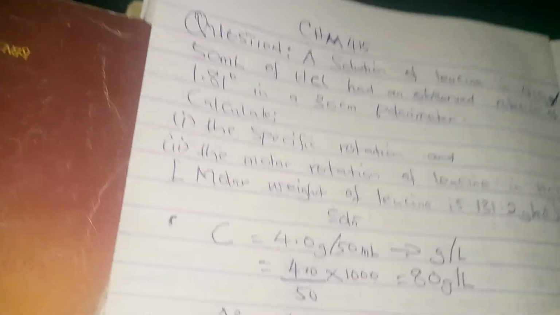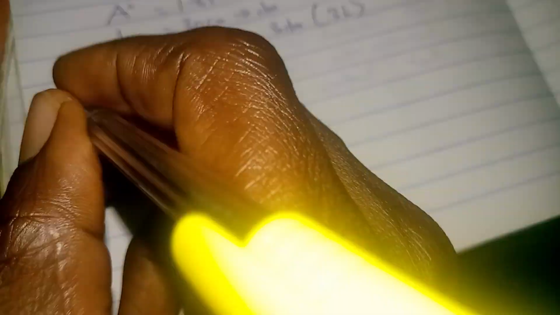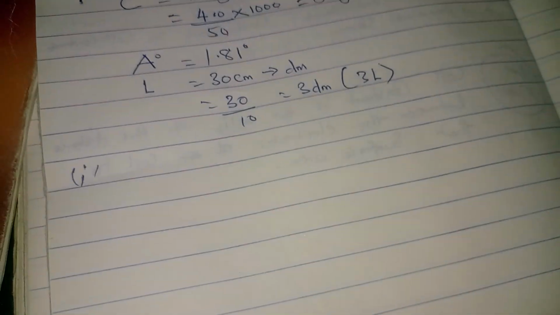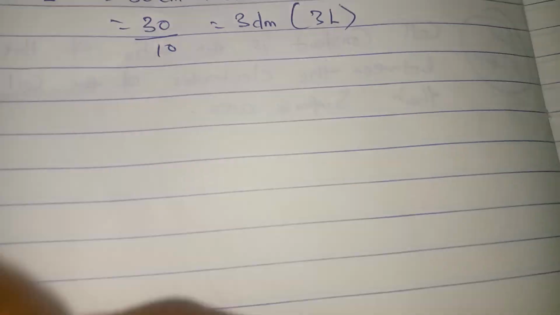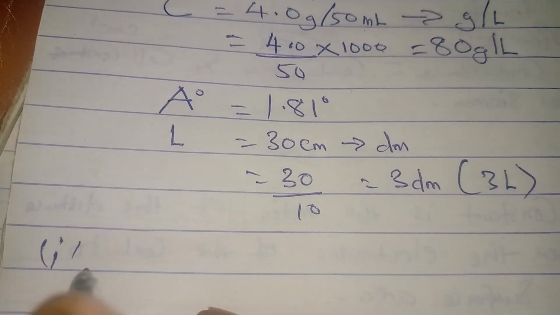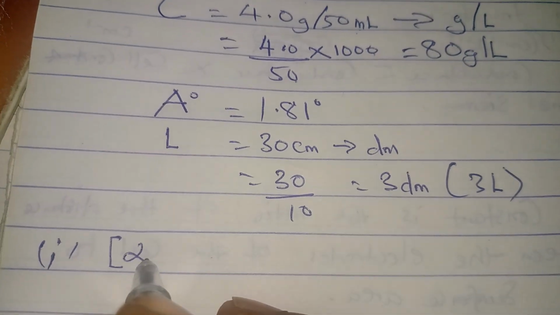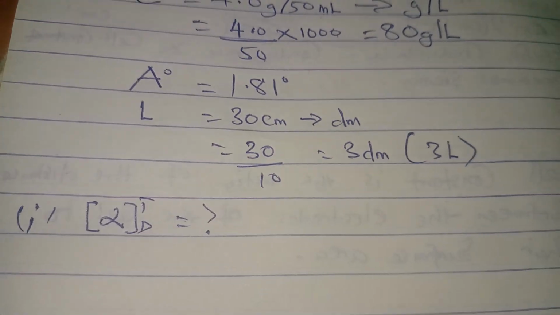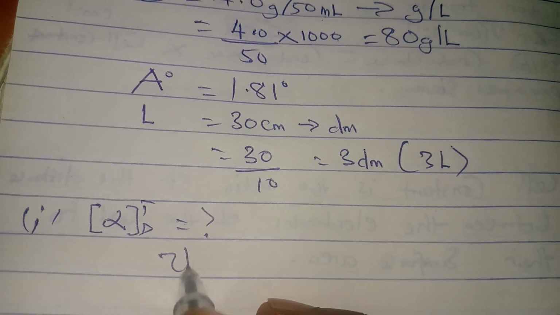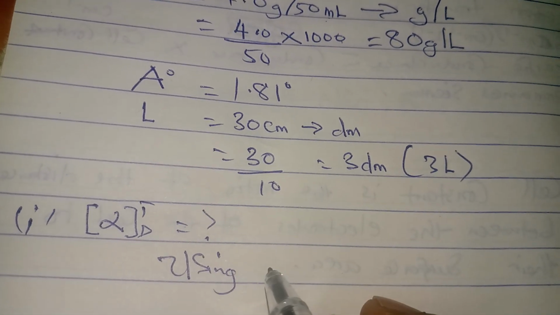So now in this case, you are asked number one, to find the specific rotation. So specific rotation is symbolized with this, equal to nothing. Using the formula, which formula really best fits into this?